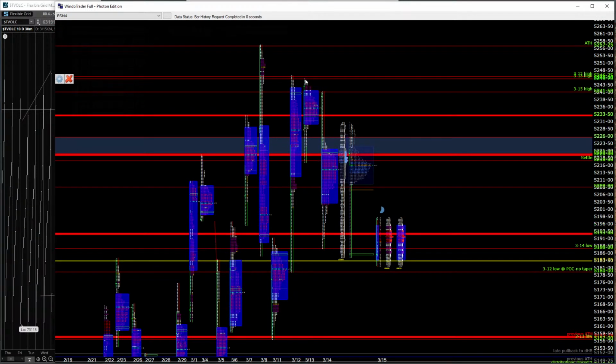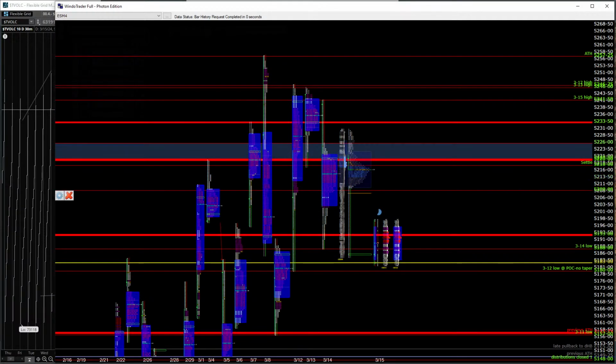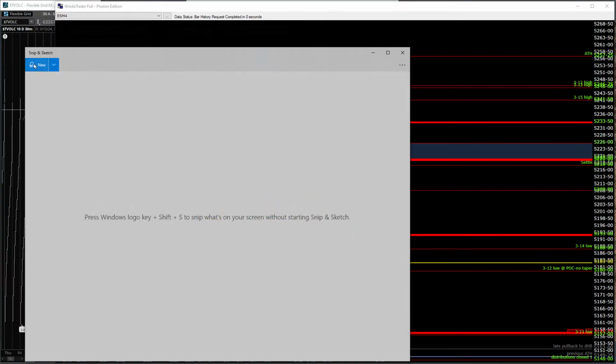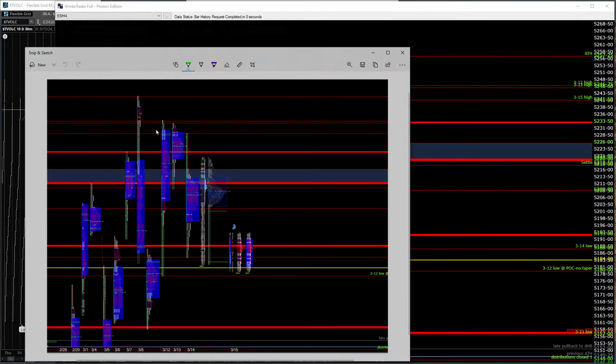Now we are still inside this 3-day balance. Okay, the market is out of balance right now, out of balance of yesterday's range.